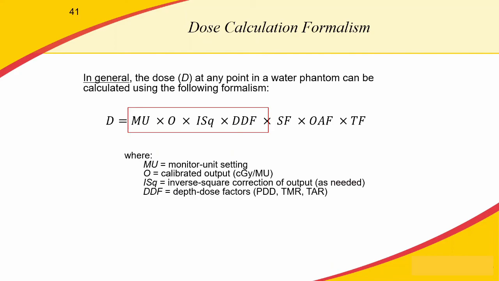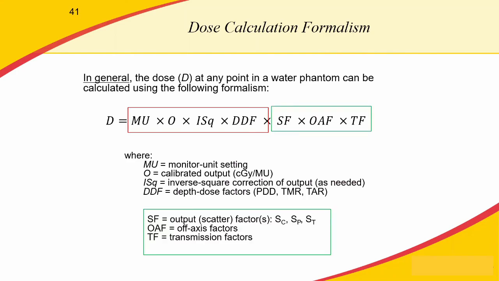And then our depth dose factors, our PDD and our TMR, etc. Then, if there's any other factors involved in the treatment, we would also include them in the equation here. These would be like scatter output factors, off-axis factors, wedge factors, tray transmission factors. Anything else that's going to affect the output of the beam is also included as a ratio factor here in this equation.